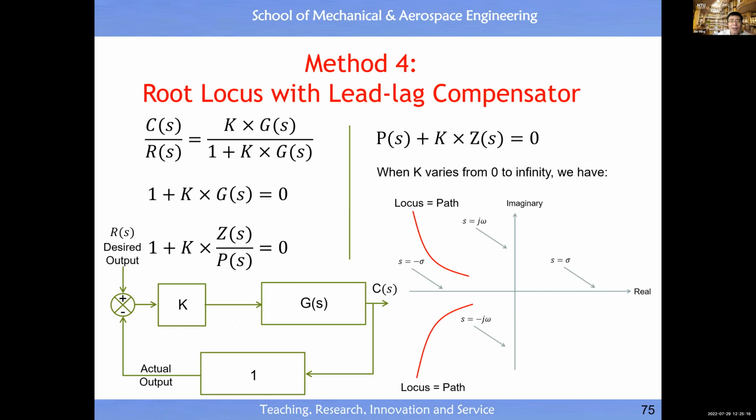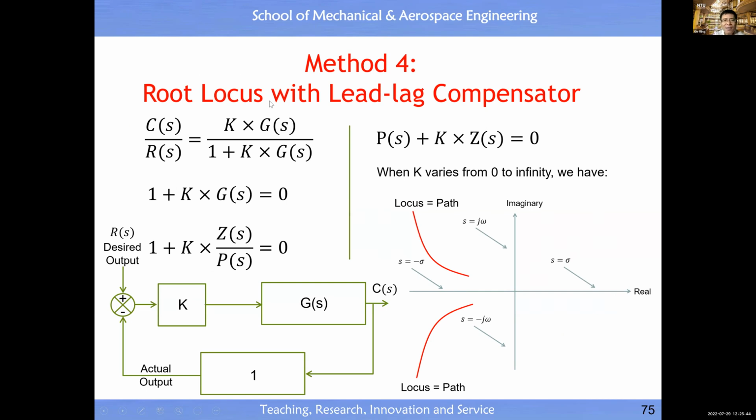The fourth method is the root locus method. The root locus method is to add a compensator, or there are two situations. One is if you are lucky in choosing the value of an existing parameter, you can make the actual root reach a desired location.